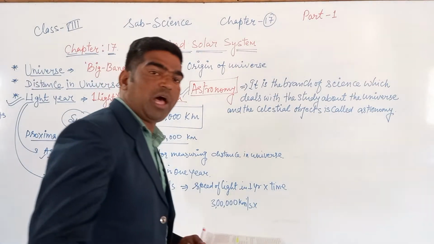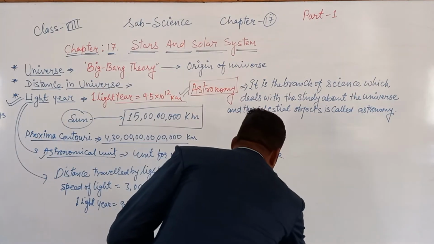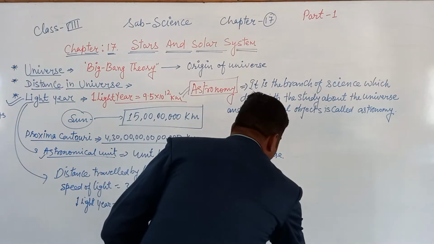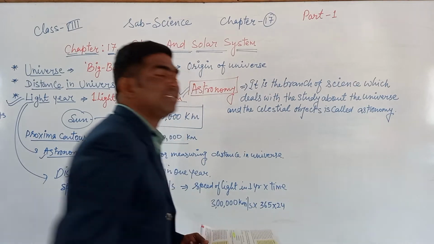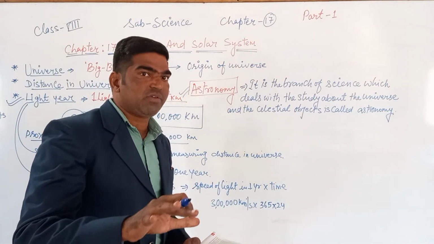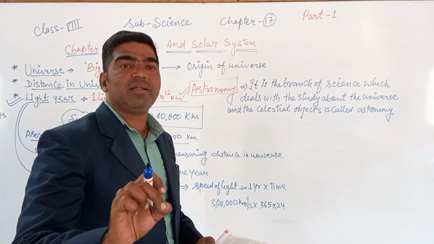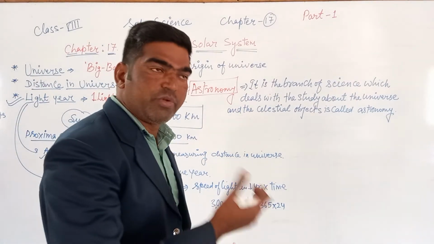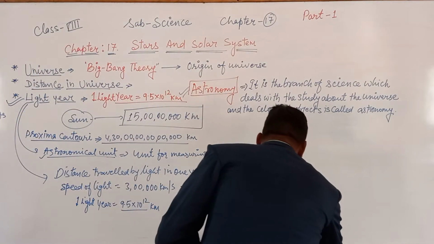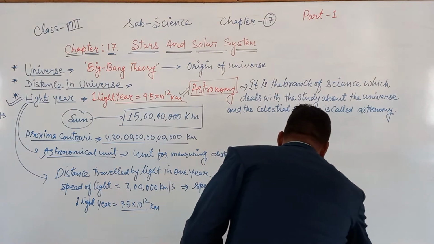Time is how much in 1 year? 1 year is 365 days. Okay, and in 1 day there are 24 hours. In the whole year the number of days is 365, then in 1 day there are 24 hours, and in 1 hour there are 60 minutes, and 1 minute equals 60 seconds.